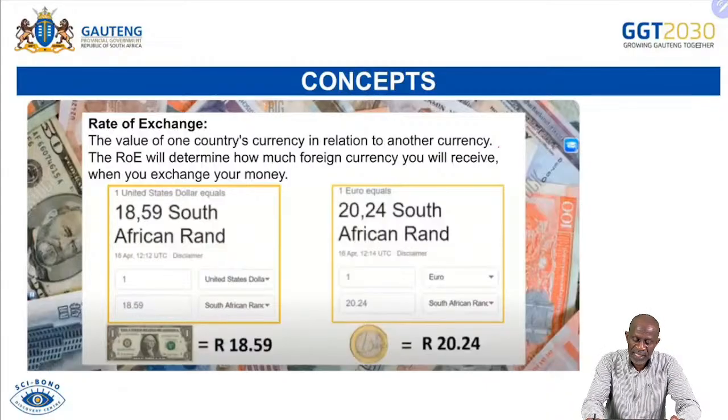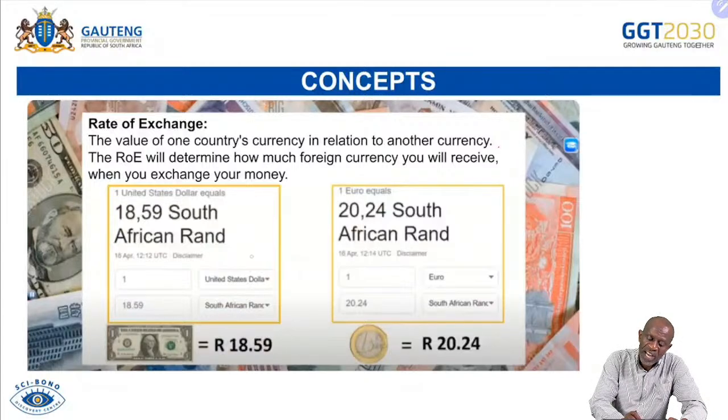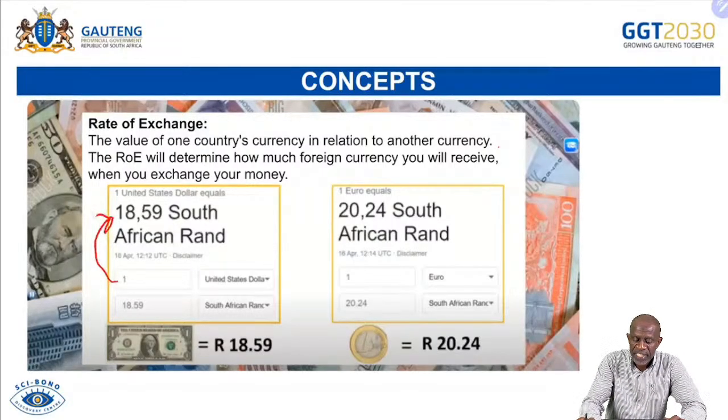Grade 12 learners, as you can see here, we have a comparison of the South African rand as compared to the US dollar. And here, during this time in question, one US dollar was equivalent to 18 Rand 59.